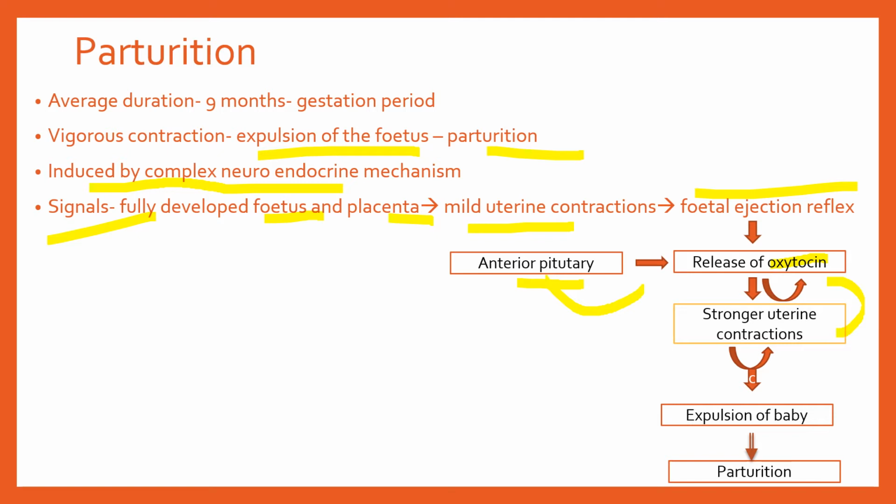Then stronger uterine contraction causes the release of more and more oxytocin, and this repeats several times. That is, release of oxytocin, uterine contraction, then again uterine contraction, release of oxytocin. Finally, the baby is expelled out, and that condition is known as parturition.